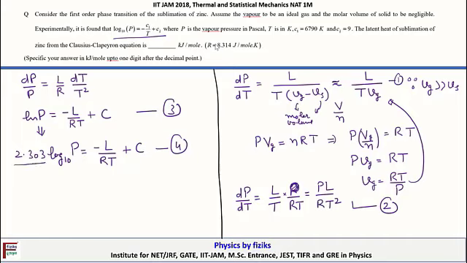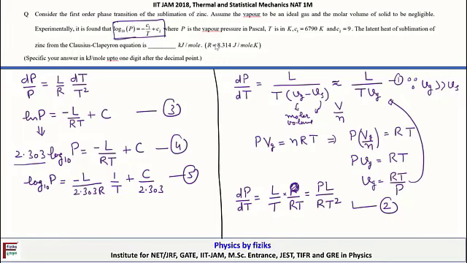So this can be rewritten as log to the base 10 P equal to minus L upon 2.303 R into 1 by T plus this constant C, divided by 2.303. Now we have to compare this equation 5 with the given equation.